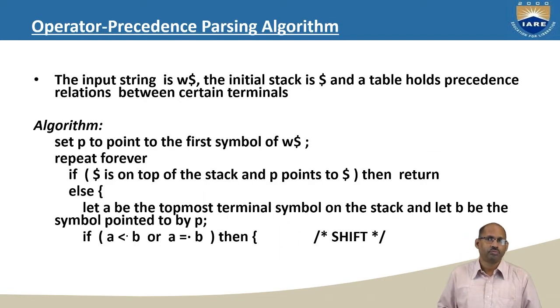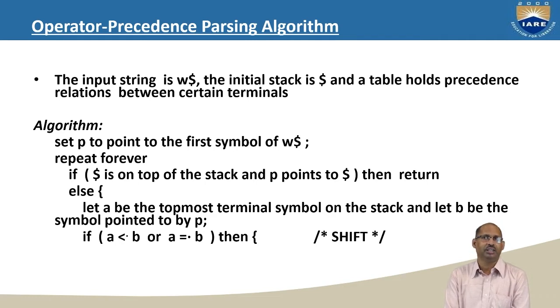Now the input string ends with the dollar sign as end mark, and the initial stack symbol is the dollar sign. A table holds the precedence relations between certain terminals.